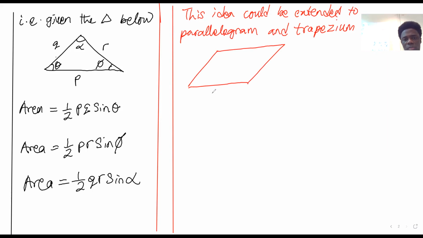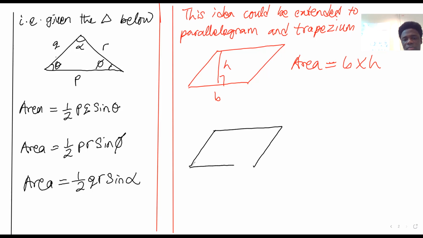Normally, you're supposed to have the base and the height. If you are given the base and the height, you say that the area is equal to base times height. However, if you are not given the base and the height, rather you are given the base and the slant side instead of the height, so you have the base and the slant side A. Again, we do what we did before.